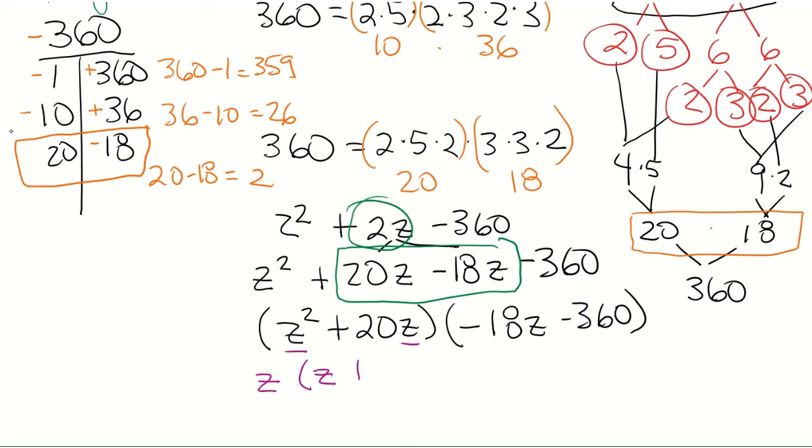That's going to give me z plus 20. And then on the negative 18z and a minus 360, I can pull out a negative 18, and that's going to give me z plus 20. So when you're doing the grouping like this, you want the stuff inside the parentheses to match.